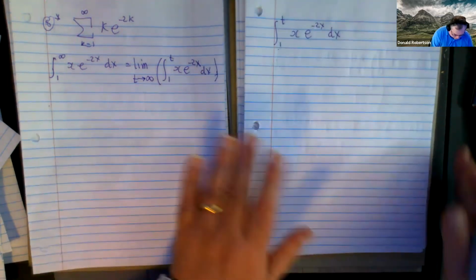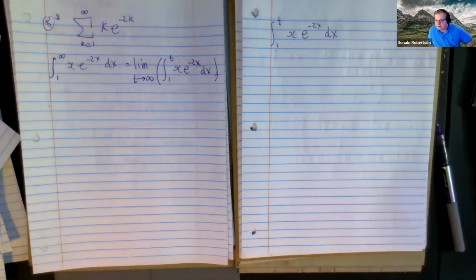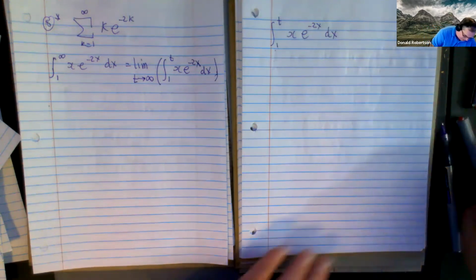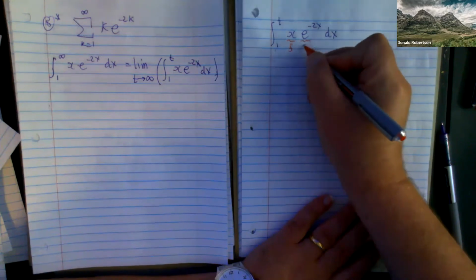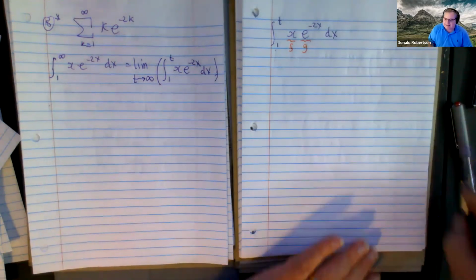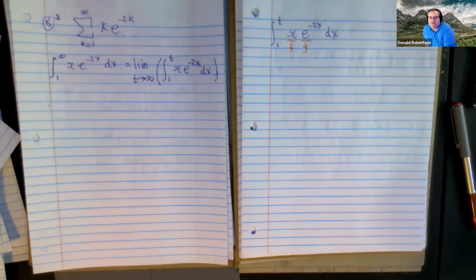Now we're bringing out all sorts of stuff from Calc 2 here. Integration by parts. You call this guy f, you call this guy g. Integration by parts is essentially the closest thing to the product rule for integrating. It's how you integrate two things that are multiplied.